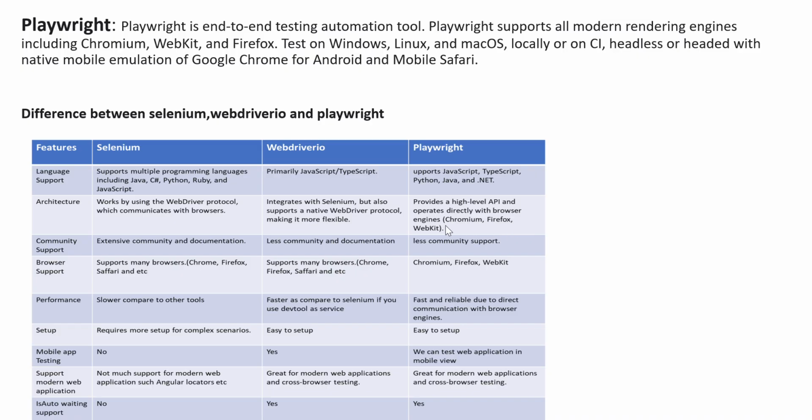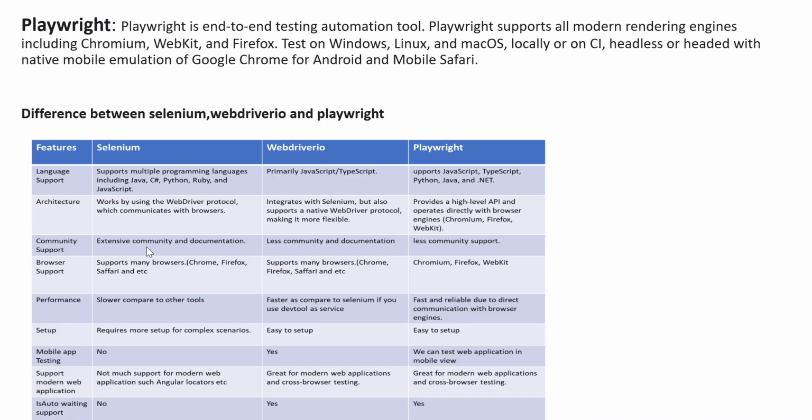So we need no drivers in between. Compared to Selenium and WebDriver, where we have drivers which communicate to the browsers, the Playwright API communicates directly to the engines. So it is faster than Selenium because it communicates directly. There are no drivers required for Playwright.